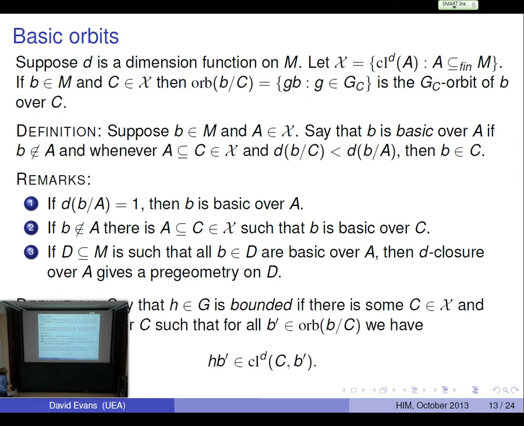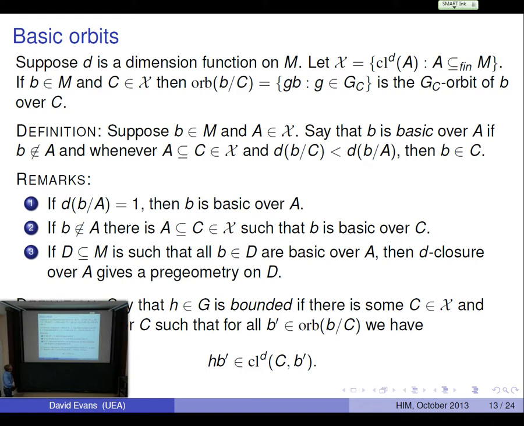Okay, so now we'll say that an automorphism H is bounded. I'm saying bounded here, rather than moves almost maximally, so it's sort of the opposite.